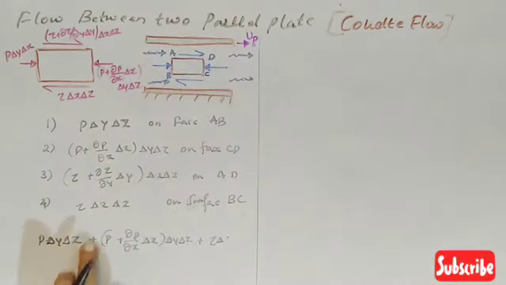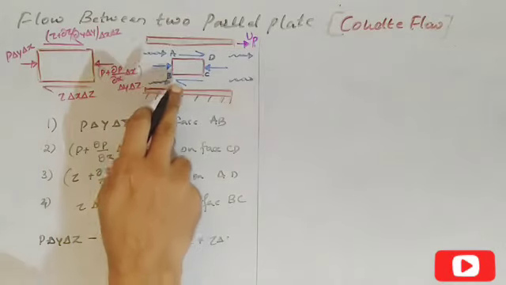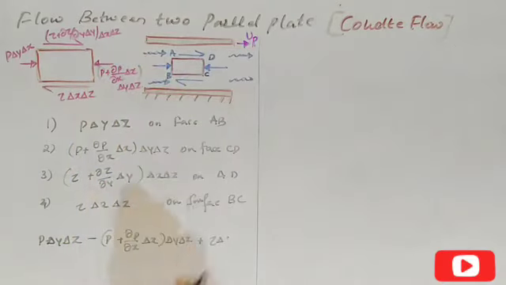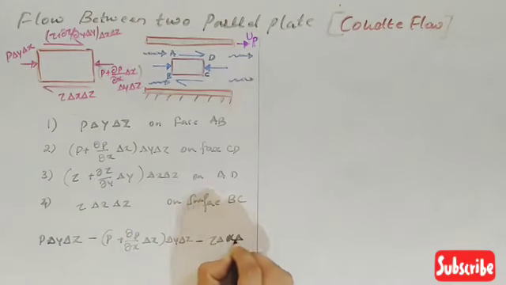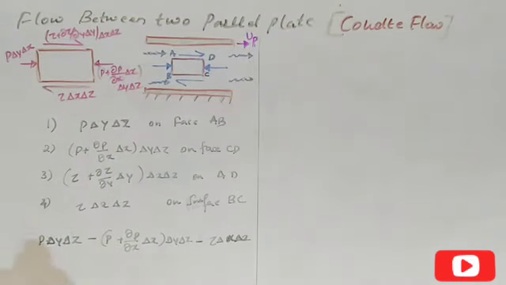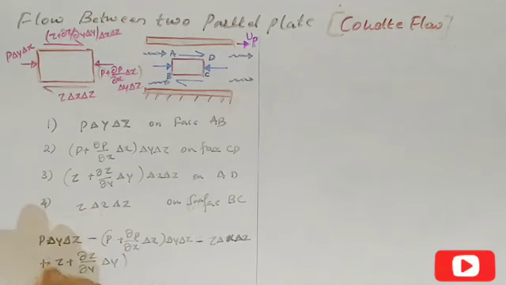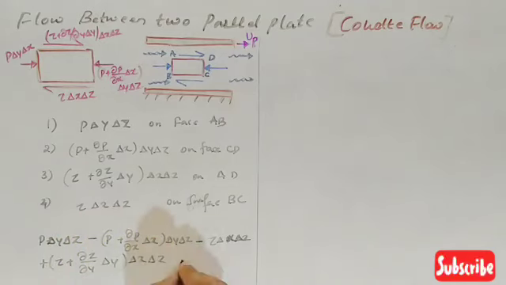Now this force will be acting in the opposite direction, so I will consider negative here. Similarly, this shear stress is acting in the opposite direction, I will consider negative, that is delta x and delta z. And another shear stress which is in the same direction of the flow, so that will be plus, that is tau plus dou tau by dou y delta y into delta x delta z. That will be equal to 0.